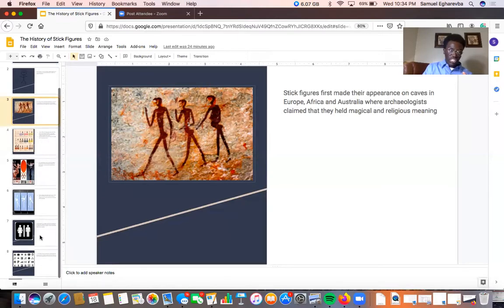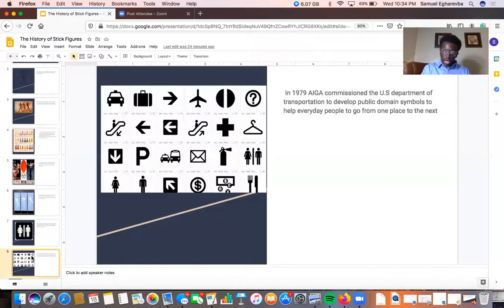So just to see this progression of rock carvings coming to modern day 2020, having it be this universal language is something that's pretty amazing. So let me stop sharing here.